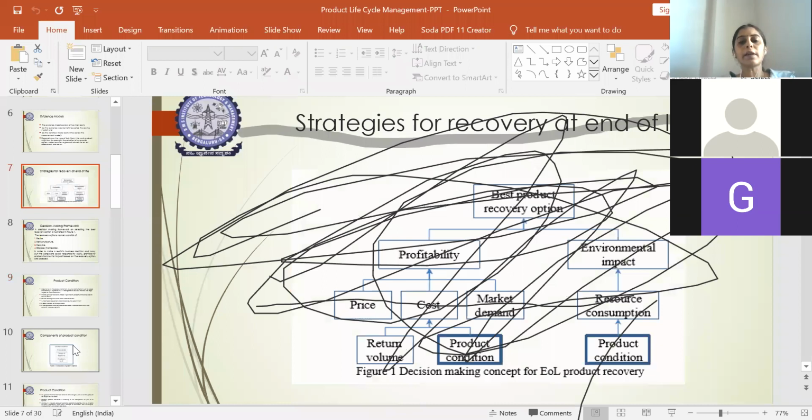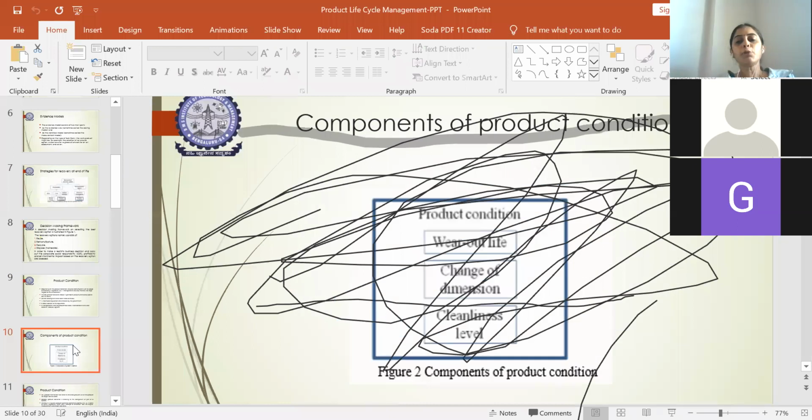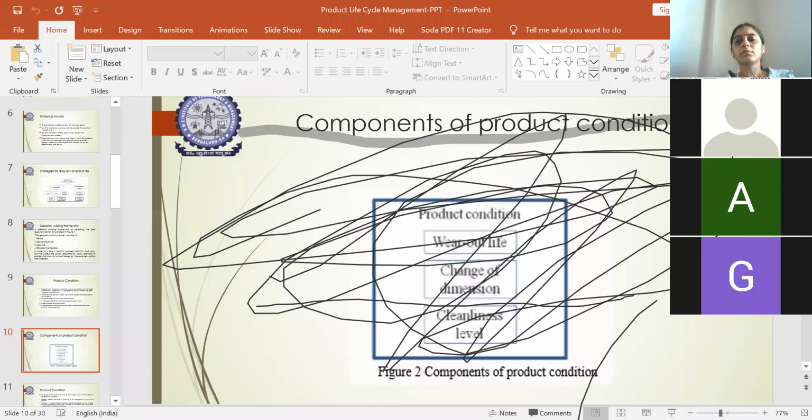Please clear the screen right away. What the hell are you people doing here? Clear the screen. For what purpose are you here in the Zoom class? Who was that?